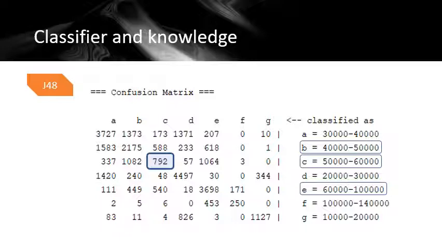Most of the original cases in group C are classified into groups B and E, which have price ranges adjacent to group C. The reason might be the price range. The price range is divided manually, so the boundary between adjacent groups may not be reasonable.